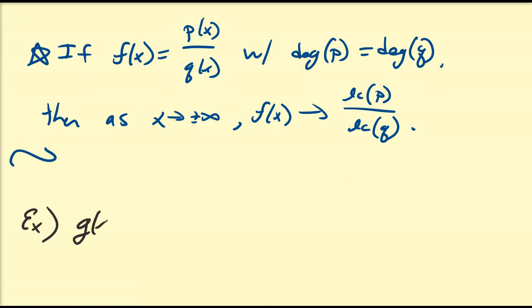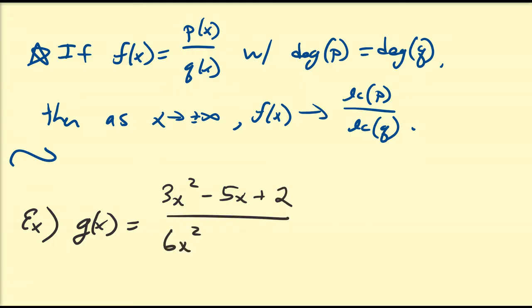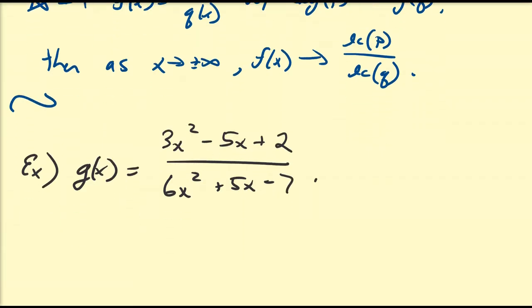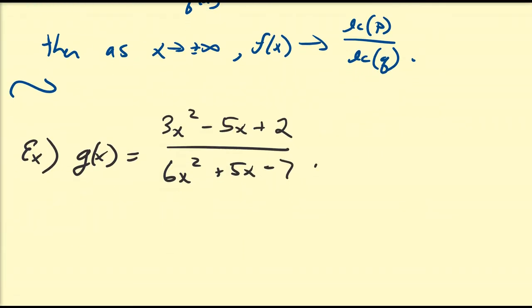So let's consider the function g of x is equal to 3x squared minus 5x plus 2 all over 6x squared plus 5x minus 7. And what we're going to be looking at is finding g of negative 463,218.